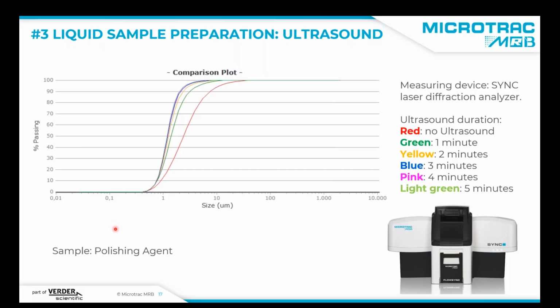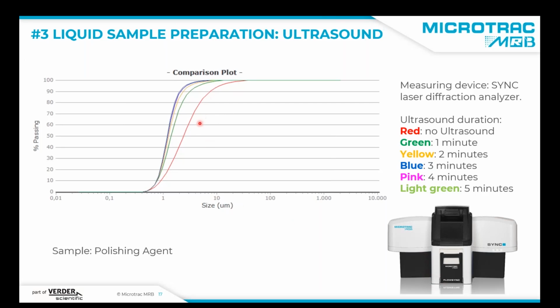Here's an example of the effect of ultrasound on a particle sizing result. We have measured a very fine polishing agent, which has a particle size of around 1 micrometer. We used the Microtrac Sync laser diffraction analyzer. This analyzer has a wet dispersion system that has also a very strong ultrasonic probe built into the circulating system.